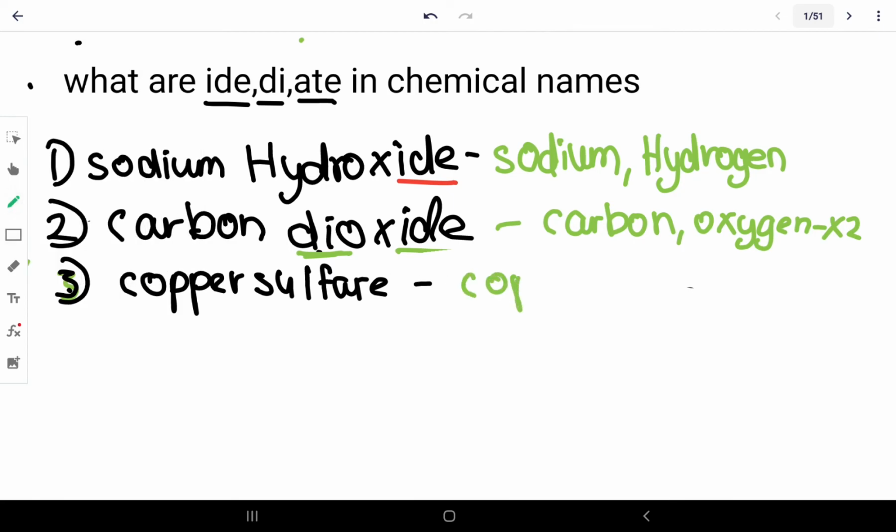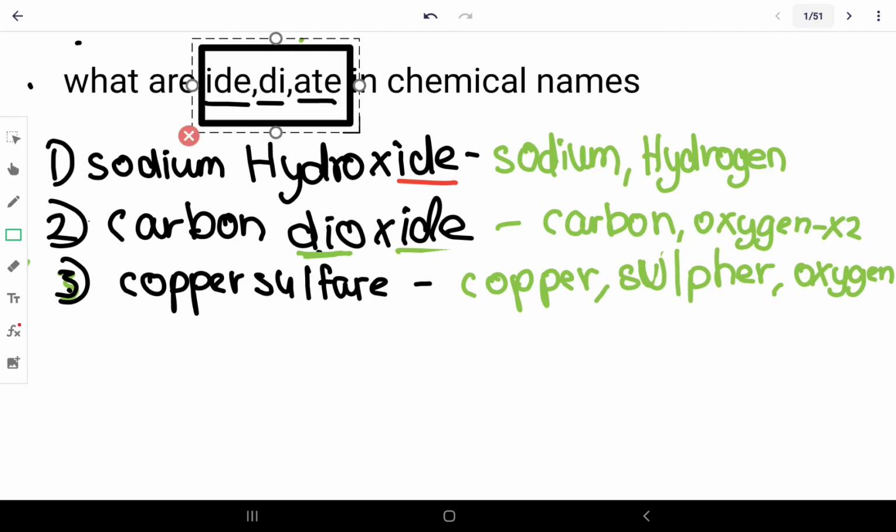It would be copper, sulfur, and it would be ATE as oxygen. So now here are three different things for the three types of endings.